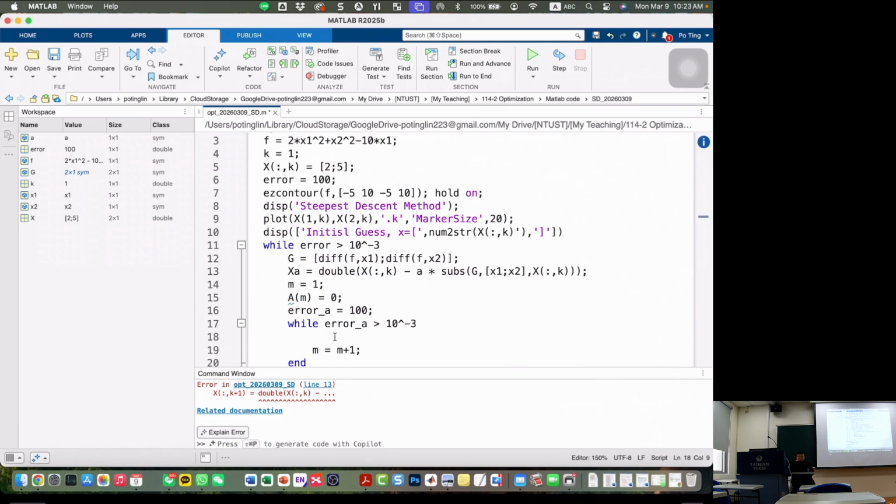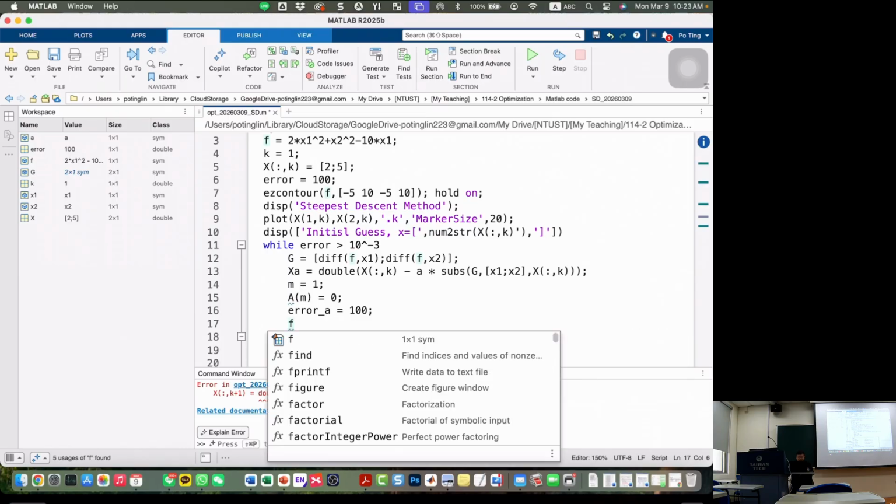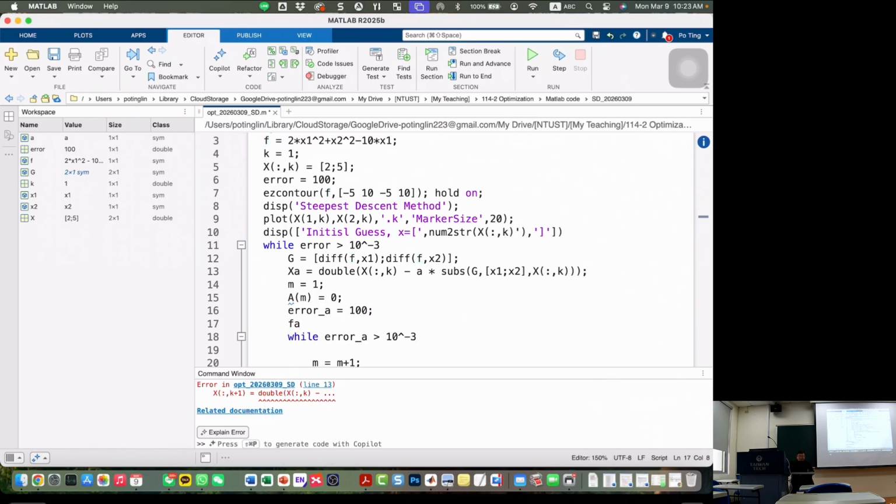So right here, I need to perform Newton's method. How do I do Newton's method? You need to know the function. So right here, I will have a function of f, but with a variable of alpha. I call it fa.